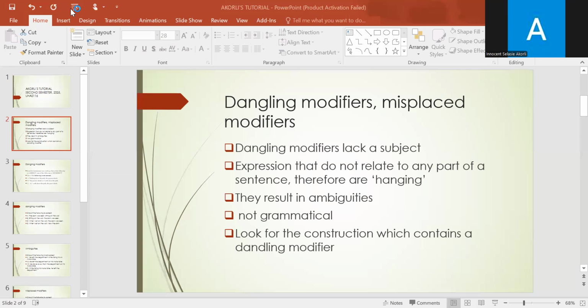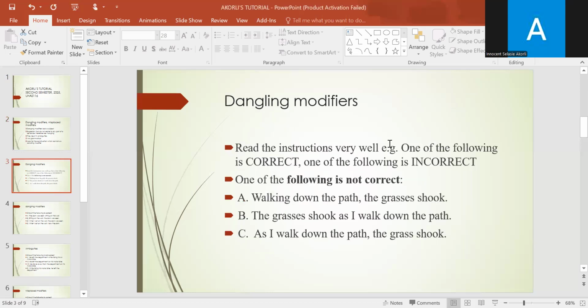So what you need to do there is for you to read through the sentences and find out the one which doesn't have the features of a correct sentence. Now, one important thing that you need to know for the examination is for you to read the instructions very well.